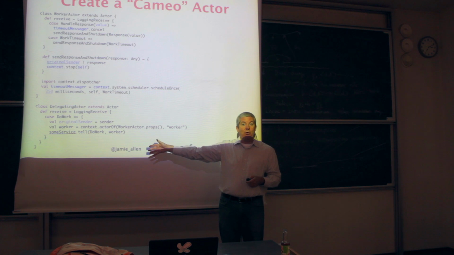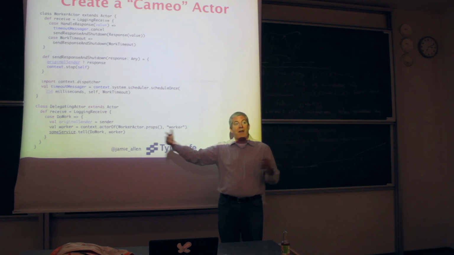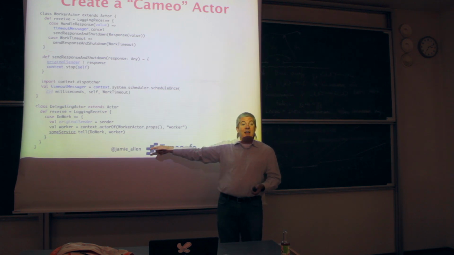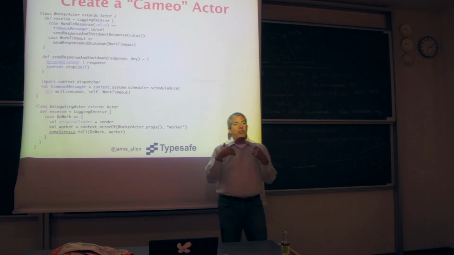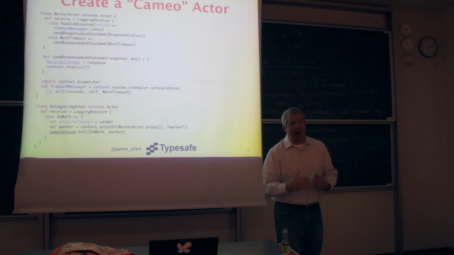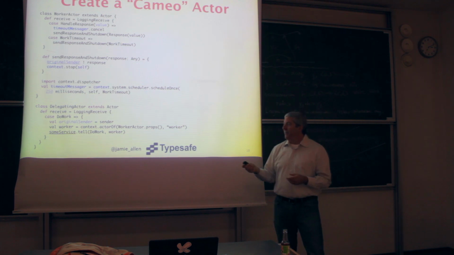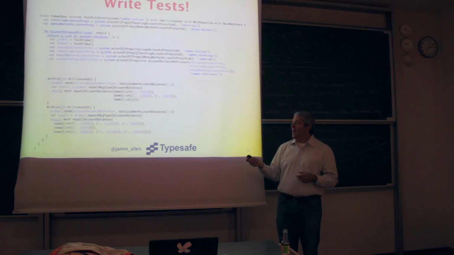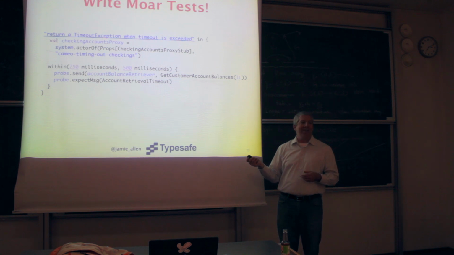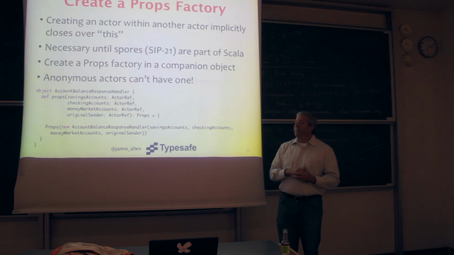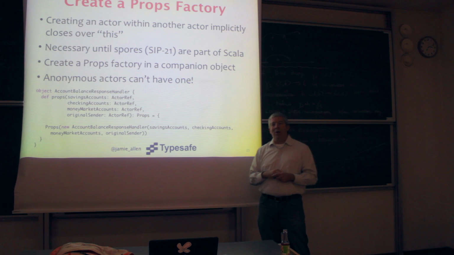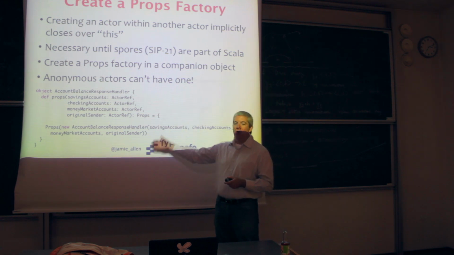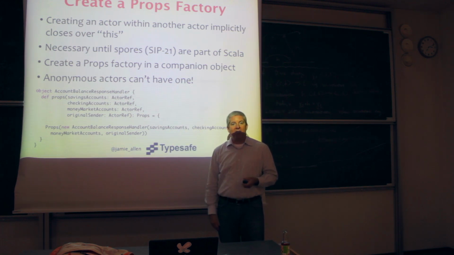If somebody were to get nutty and do reflection, they could then have a reference to your actor that is not guarded by the ActorRef. To be honest with you, I've never seen anybody do that. But the Akka team thinks it's worthwhile enough to have a pattern to help you avoid this possibility.